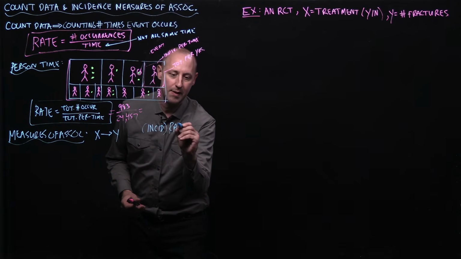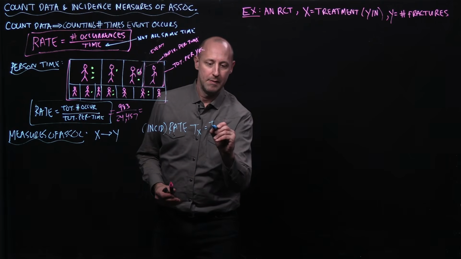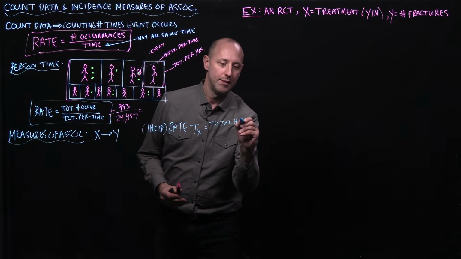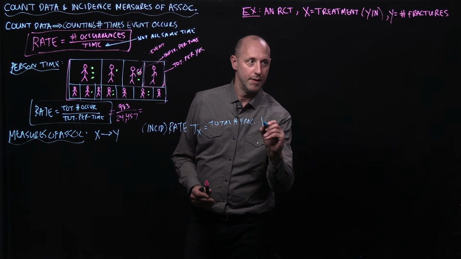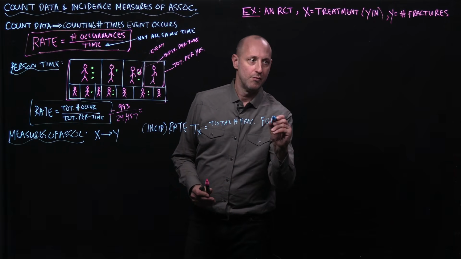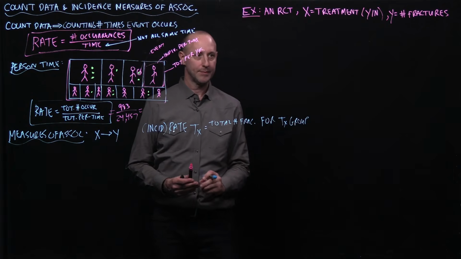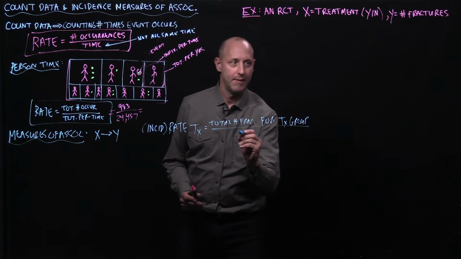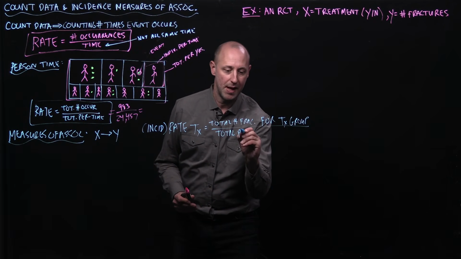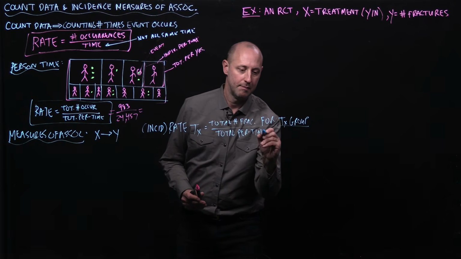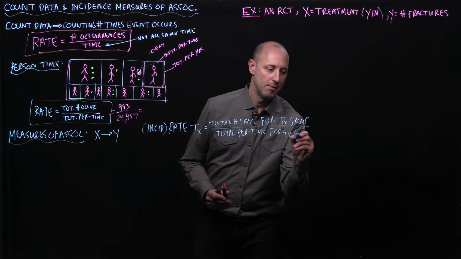Okay, so the incidence rate, and I'm just going to use Tx to indicate the treatment group. This is the total number of fractures, right, or total number of occurrences for the treatment group divided by the total person time for the treatment group.